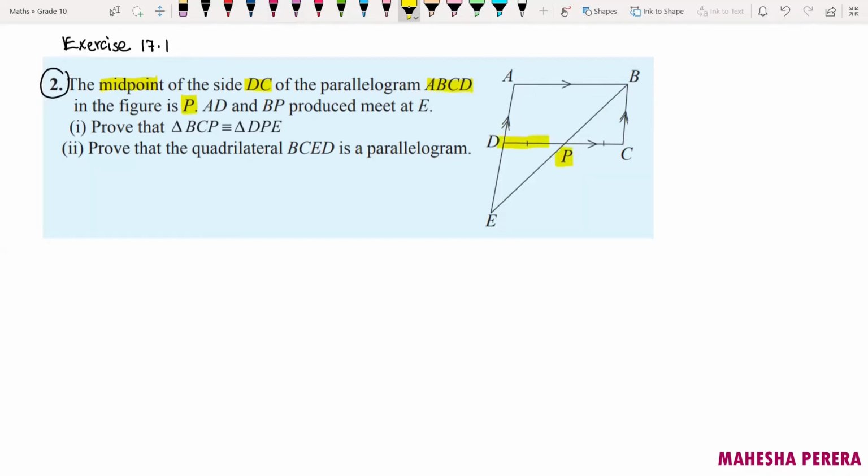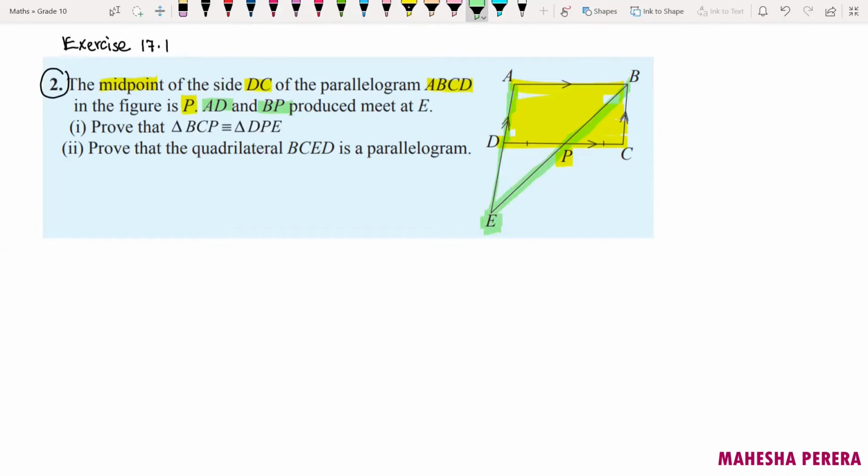So this is side DC. This is our parallelogram. Then it says AD and BP produced meet at E. When we extend it, and BP side is here, and again when we extend it, they meet at E.